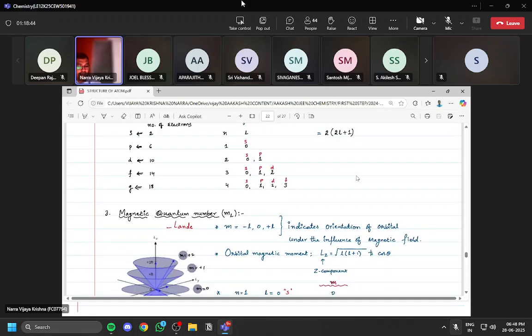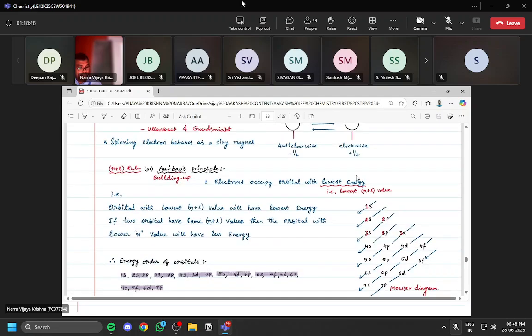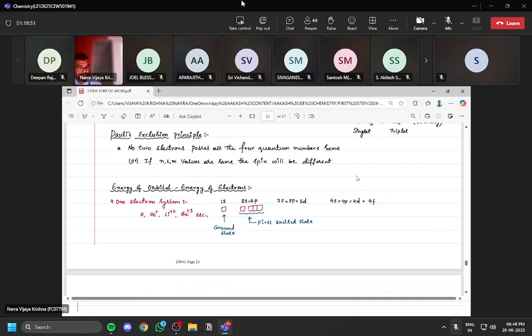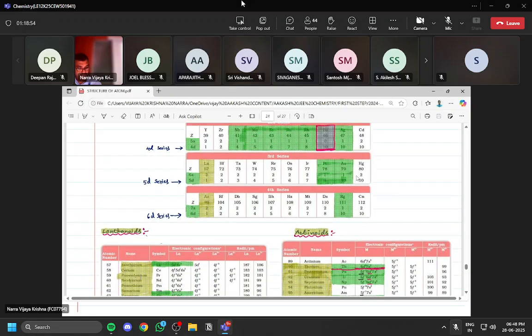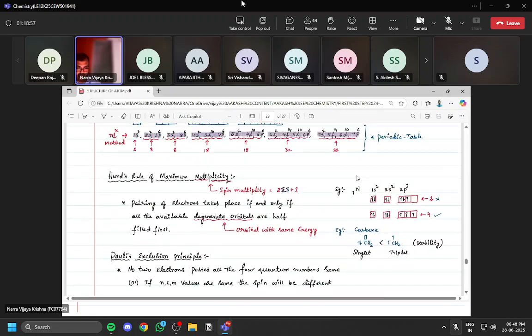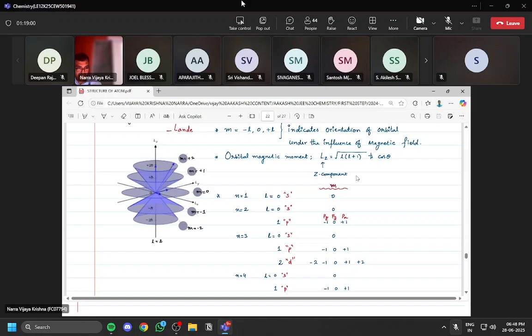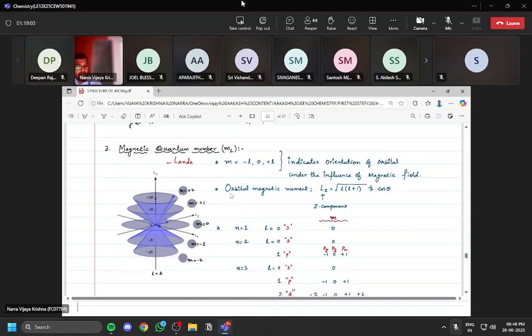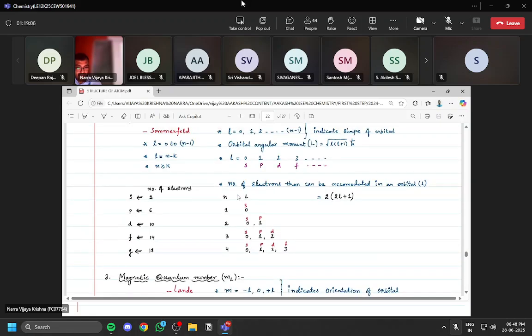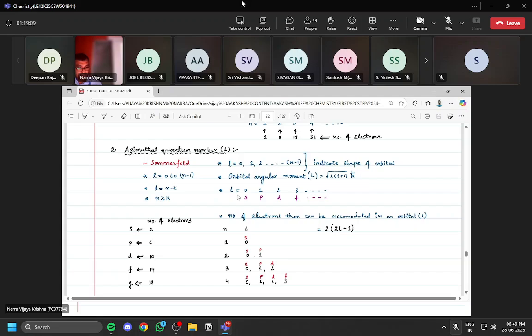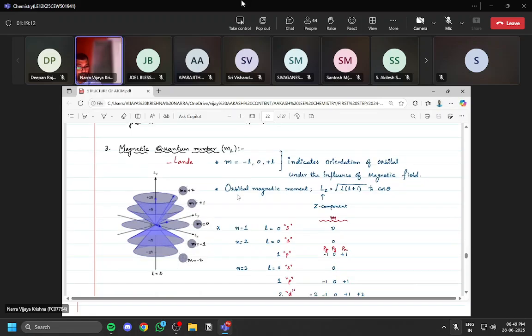For the orbital magnetic moment Z component, you get root of l into l plus 1 into h cross into cos theta.